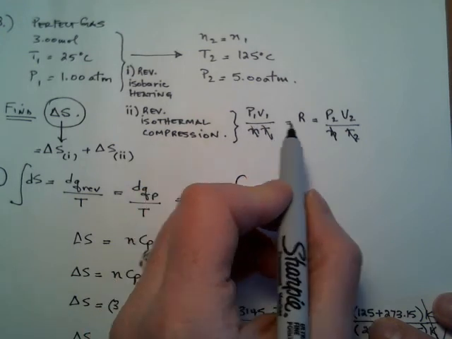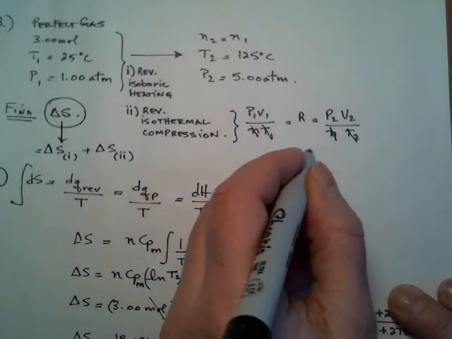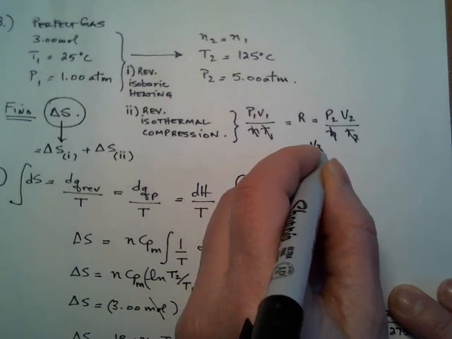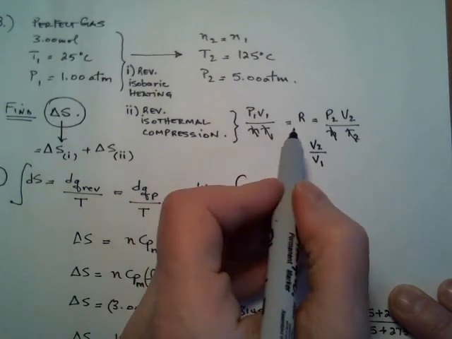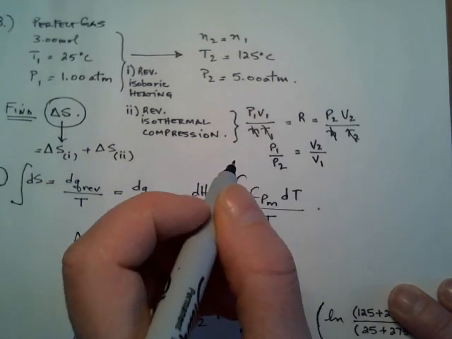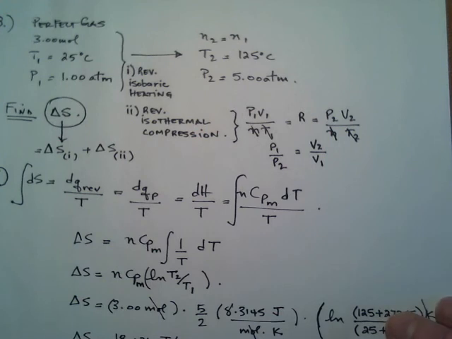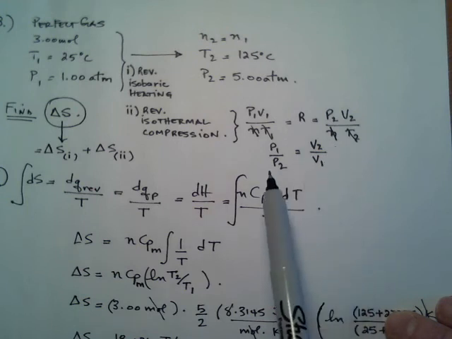The product P1 V1 equals the product P2 V2. What did I need? I needed V2 over V1, but I see that it is equal to P1 over P2. So in my work formula, or the negative Q, down below, I need V final over V initial. I'm going to substitute in what I know, P initial over P final.